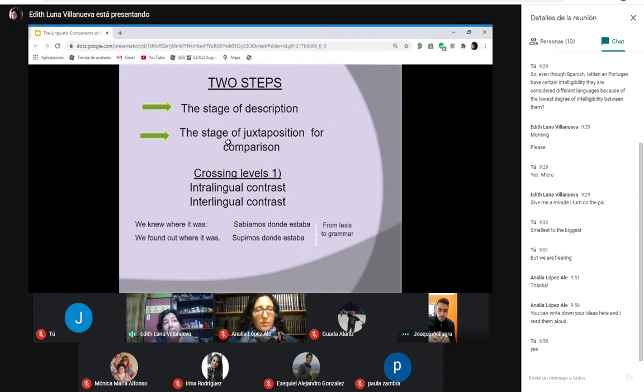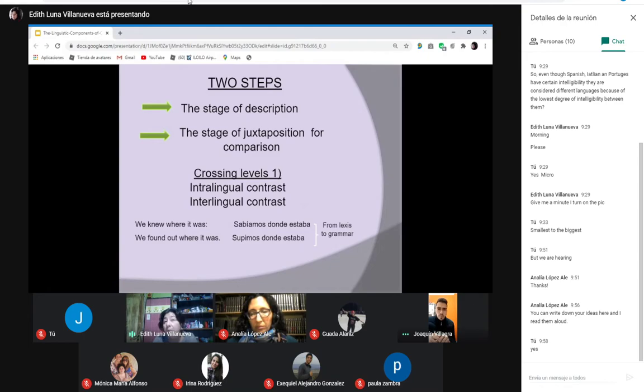But intra is the idea that you take an element from one language and compare it to another element of the same language. For instance, the commonest instance where you can find intralingual being used is when you have mistakes or errors.